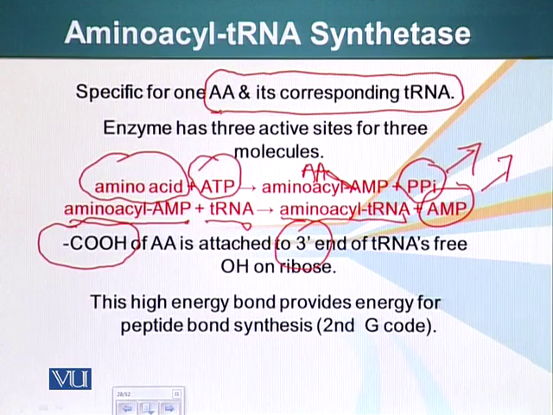This mechanism is very, very well conserved because if any mistakes were made here, it would of course result in a major catastrophe for that organism. So this is, correctly so, also referred to as the second genetic code. The first, we said, is the codon specifying a specific amino acid. The second genetic code is basically which specific tRNA binds a specific amino acid.